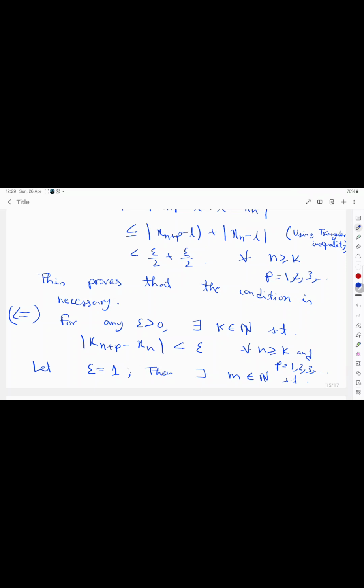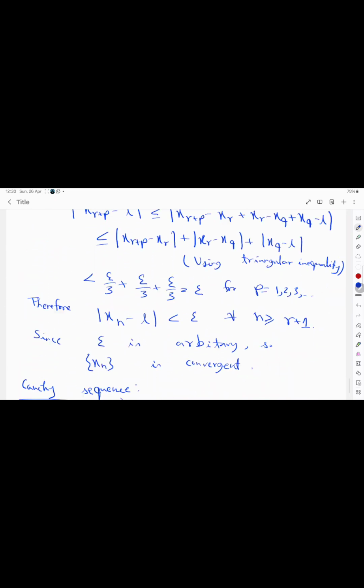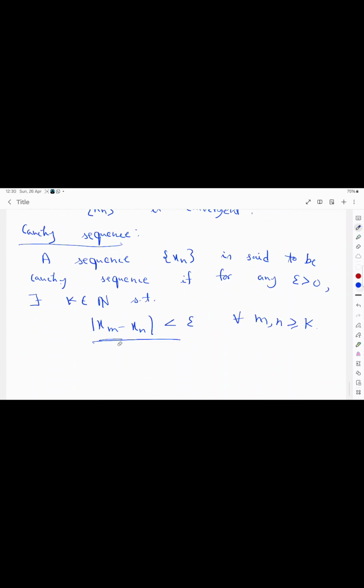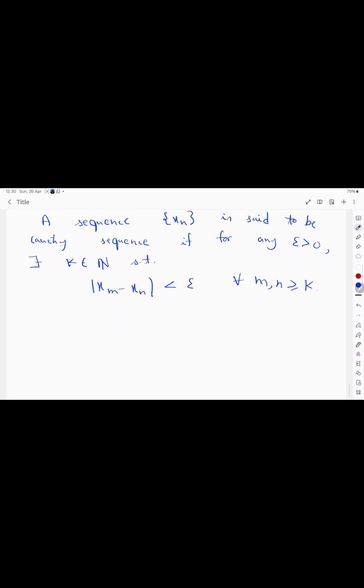What is their condition? That one number will be greater than the other, right? n plus p is greater than n. But if you write instead the modulus of xn minus xn plus p, this is the same thing, because you have the modulus, and instead of n plus p you can write m. Will there be any problem? No problem, right? So you can write in this way. So this is the definition of a Cauchy sequence. Okay.